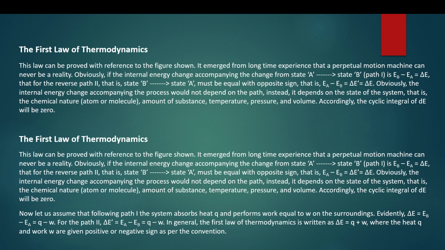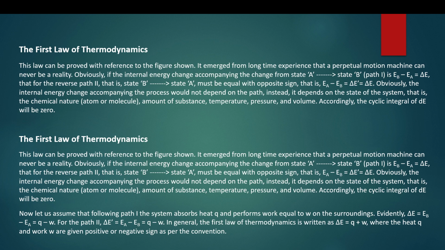The first law of thermodynamics. This law can be proved with reference to the figure shown. It emerged from long experience that a perpetual motion machine can never be a reality.